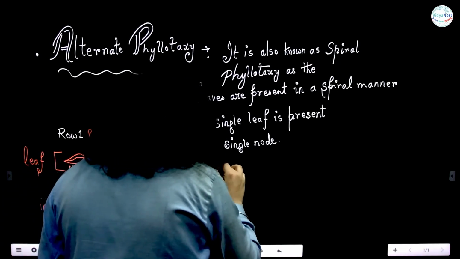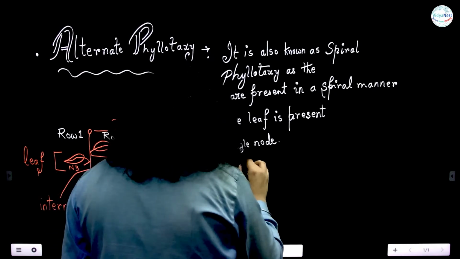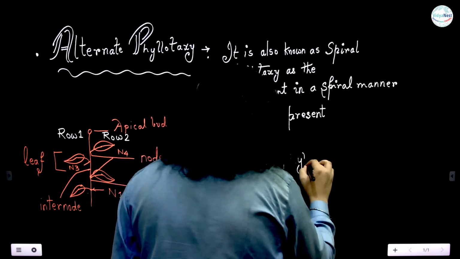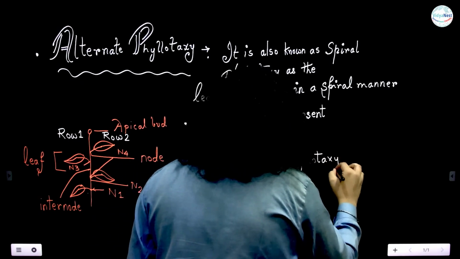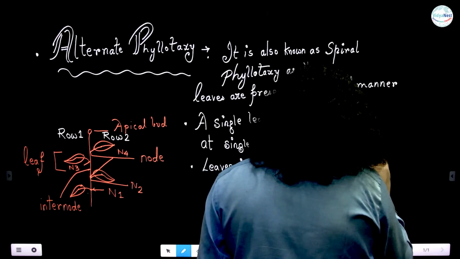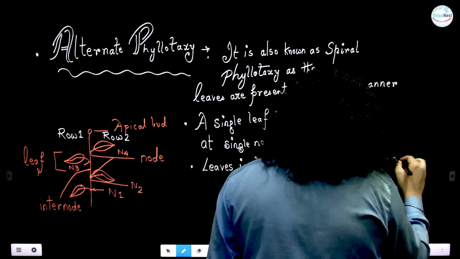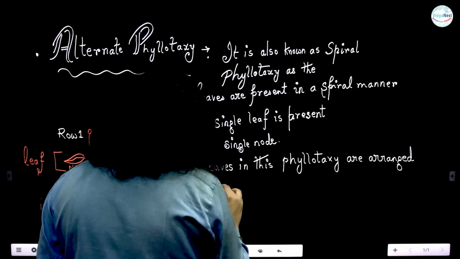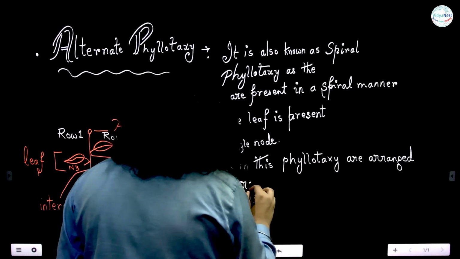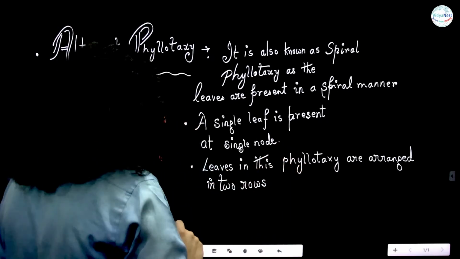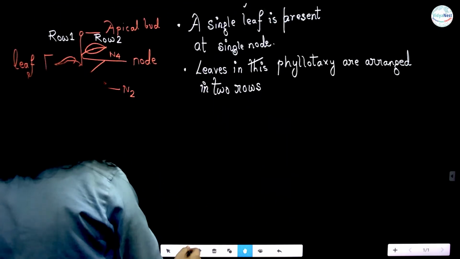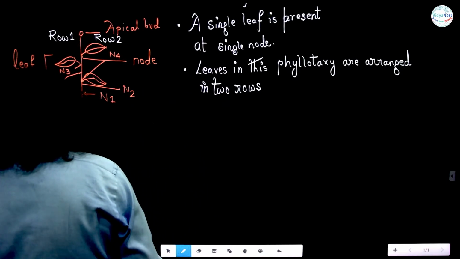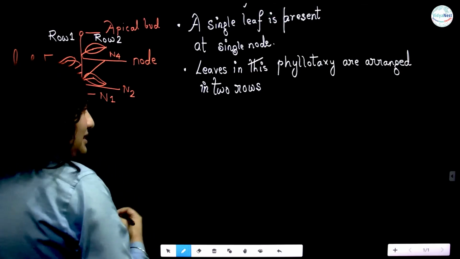The leaves in this phyllotaxy are arranged in 2 rows. दो रो में इसका अरेंजमेंट मौजूद है, और अगर हम इसको भी देखेंगे कि इसको दिखने में कैसे लगेगा, तो you can imagine that it will appear feather like in structure.